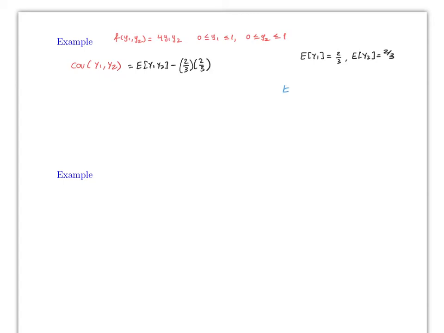So by definition, the expected value of y1 y2 is the double integral from 0 to 1, 0 to 1 of 4y1 y2, and then you need to multiply obviously by y1 and y2, and then we're going to integrate with respect to y1 first and then y2.